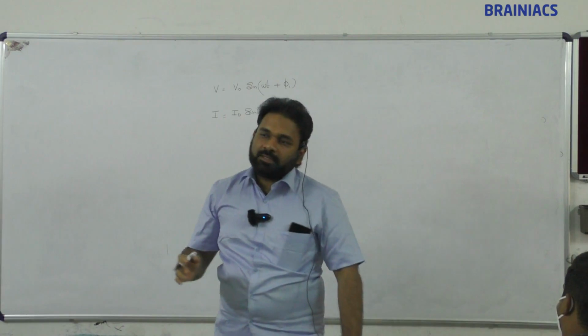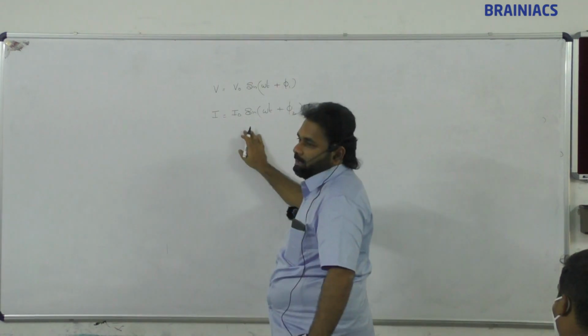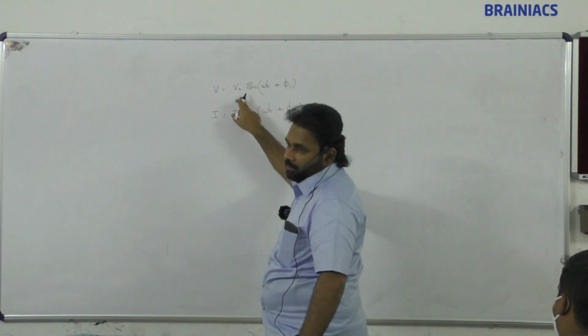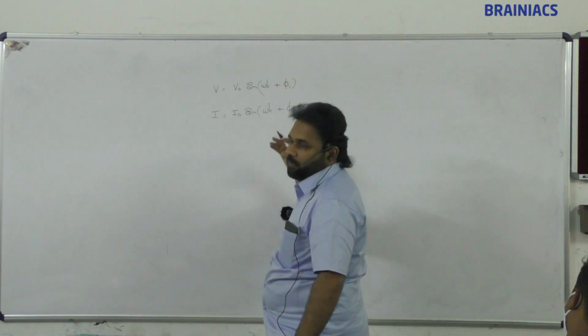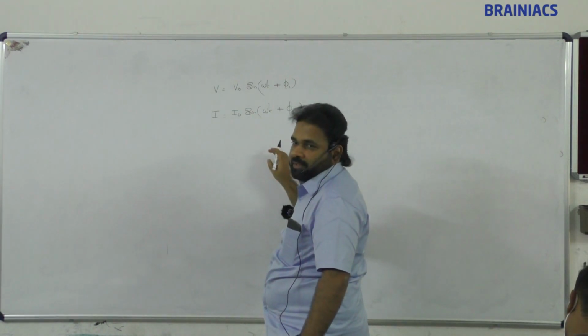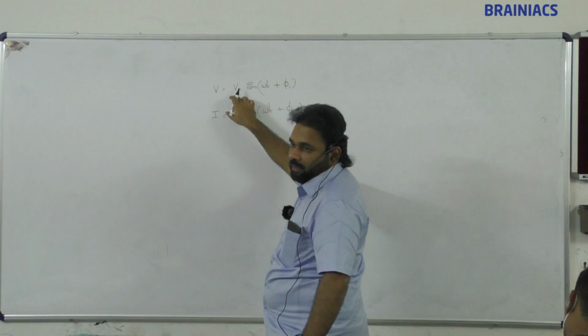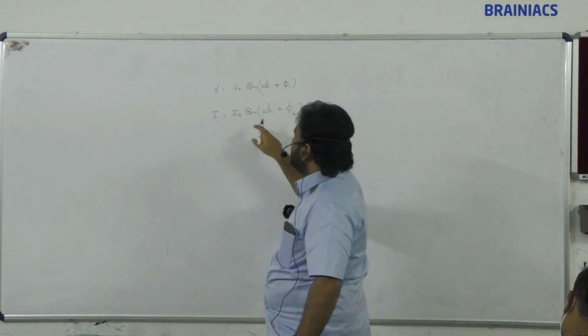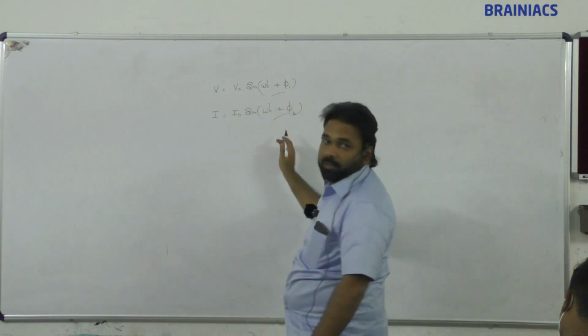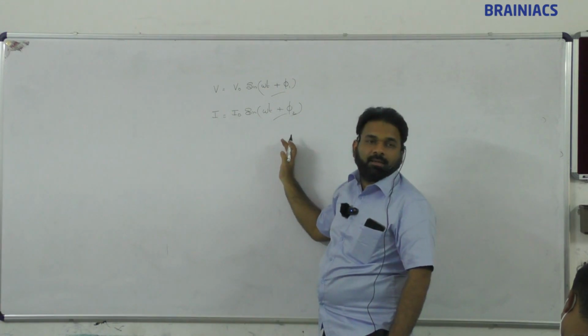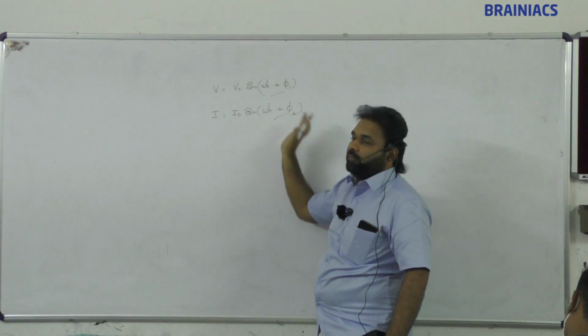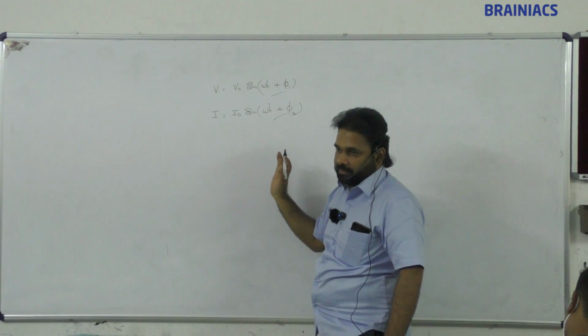So what is the phase of I with respect to V? It is nothing but phi 1 minus phi 2. The phase difference between I and V is the difference of this part and this part. Omega t is the same, so directly we can take phi 1 minus phi 2. That is the phase difference.